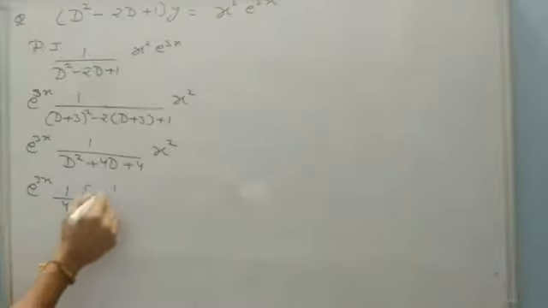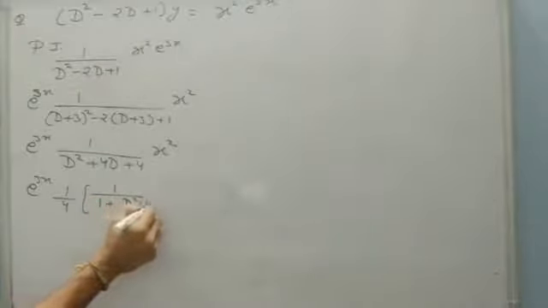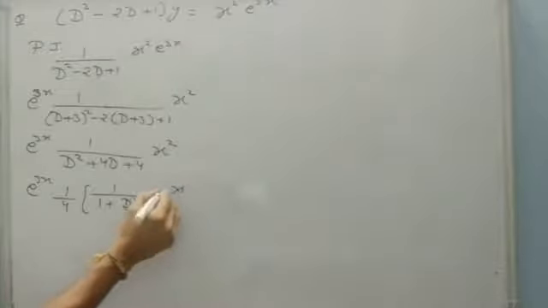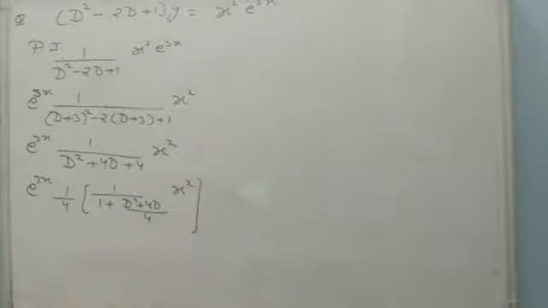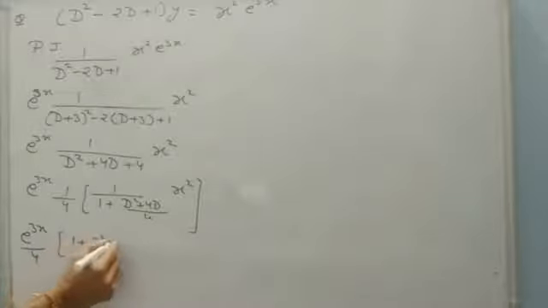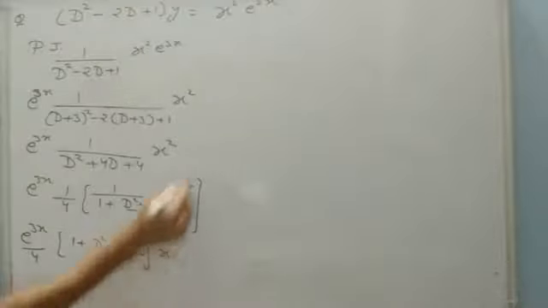In this term, this is 1 plus d square plus 4d upon 4 x to the power 2, or it is e to the power 3x by 4. It will become 1 plus d square plus 4d by 4 to the power minus 1 of x.